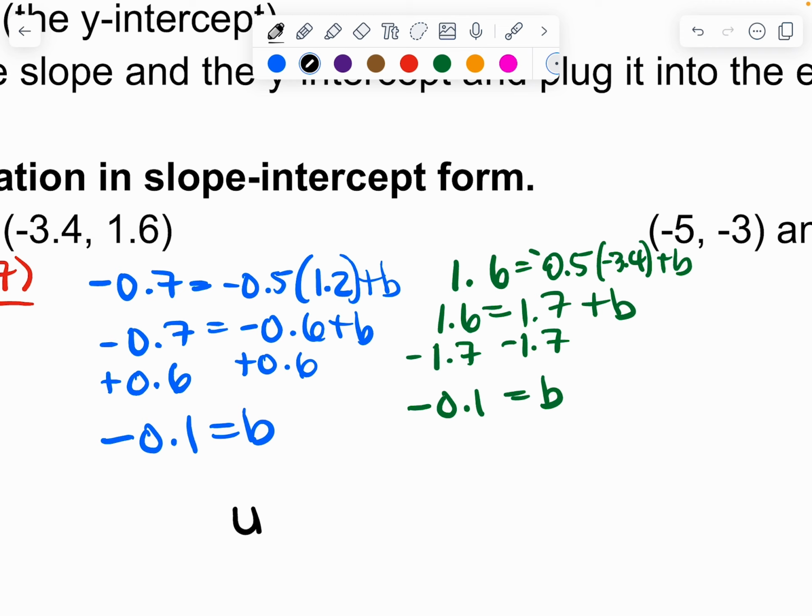So my equation is y equals negative 0.5x minus 0.1. Didn't matter which point I used. And no, you don't have to do it for both of the points. Either one of them will work.